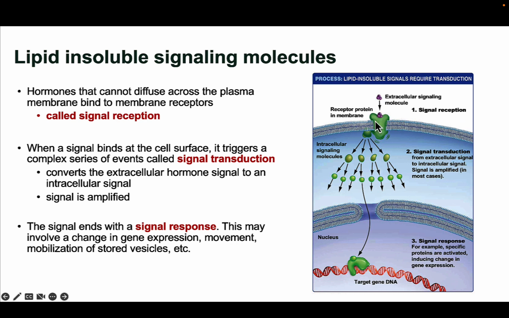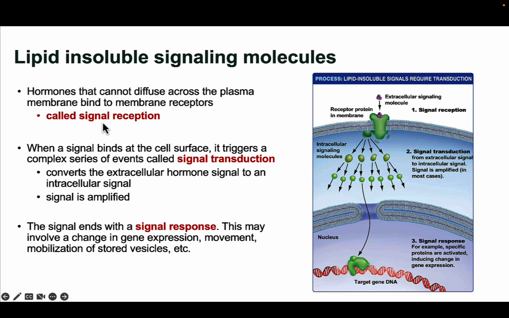Here we're passing this ball to a player, maybe a running back, and I'm sorry for all the football analogies. This binding causes a shape change in this receptor. And now this is going to trigger a cascade of events that we refer to as signal transduction. So this is an important term.